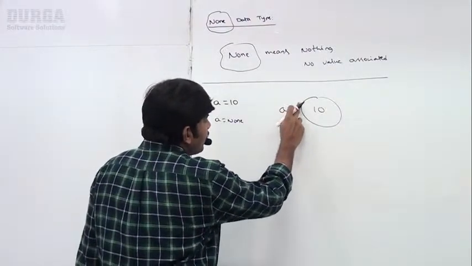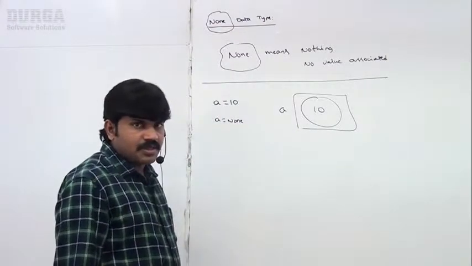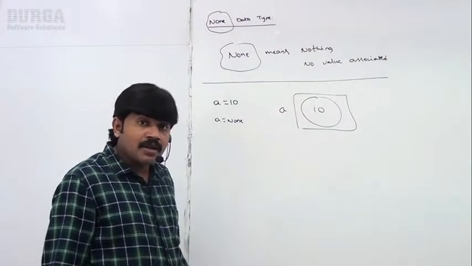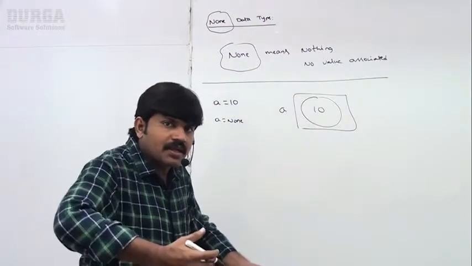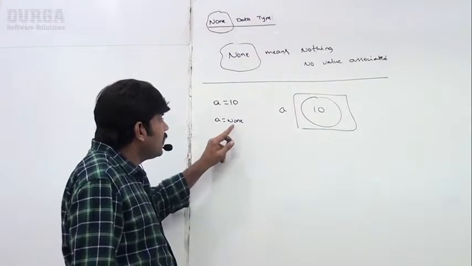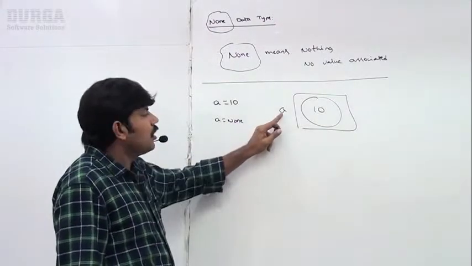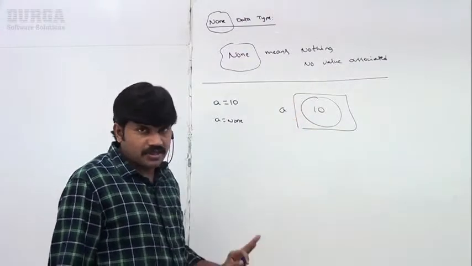That's why this link is gone, and the object 10 is eligible for garbage collection. Remember this, sir. To make an object eligible for garbage collection, we can happily use None. None means no value, so now a is not pointing to an object.